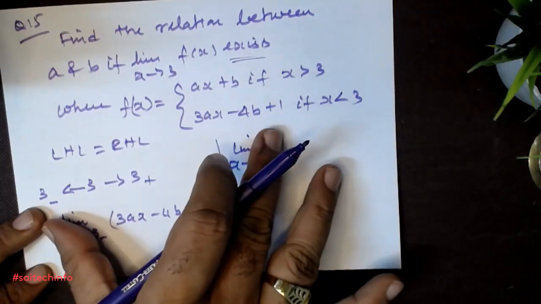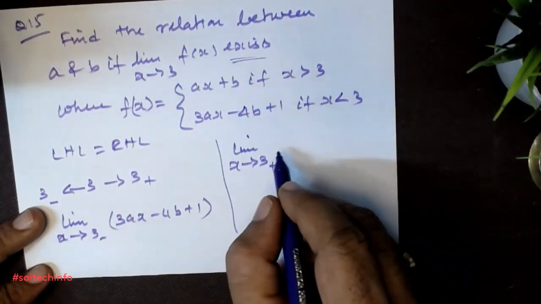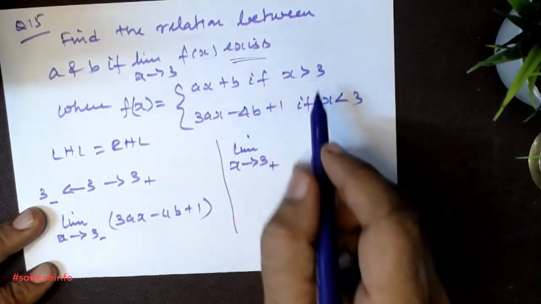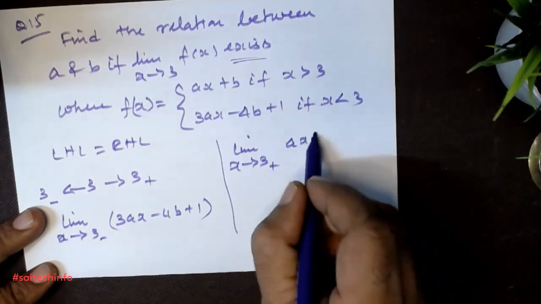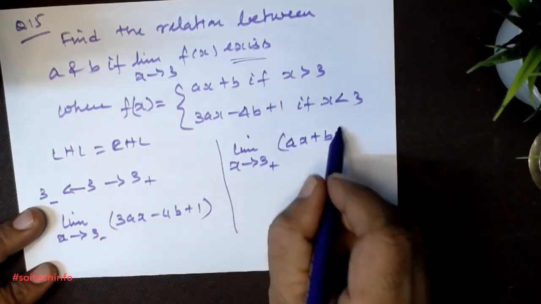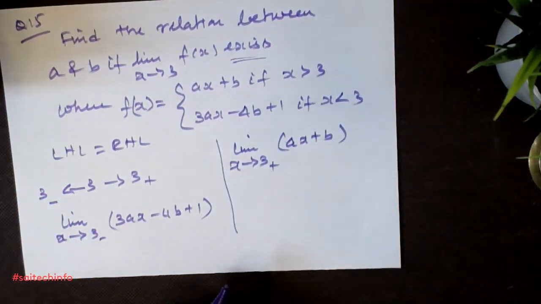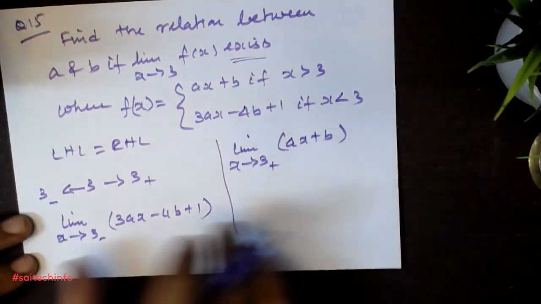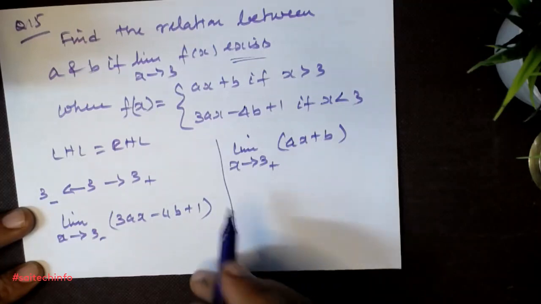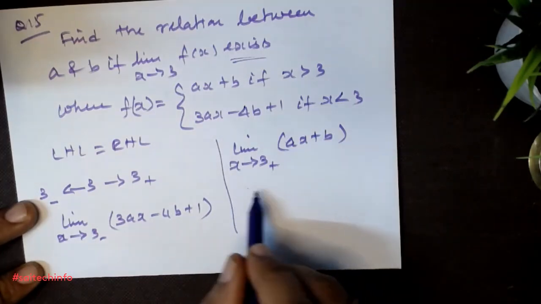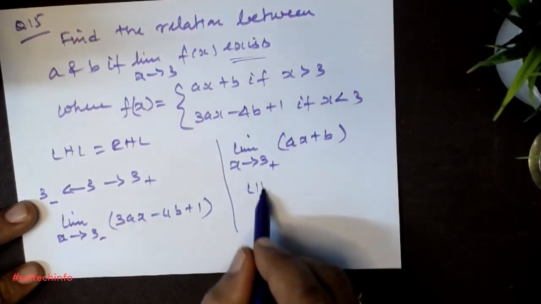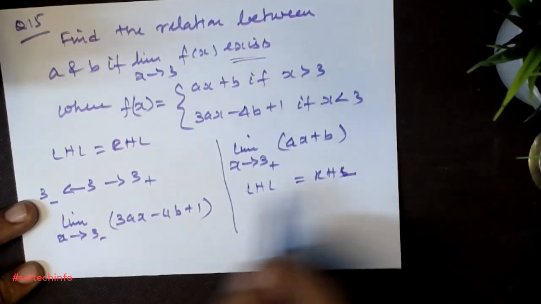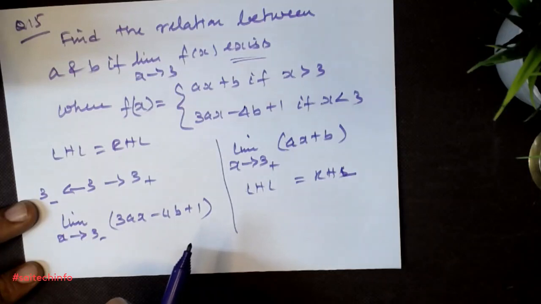These are all called one-sided limits. So you have to consider this one because it is given x is greater than 3. So ax plus b. Okay, so these are the two different limits. As we already discussed, these two are equal, that is, left hand limit is equal to right hand limit. So we can equate these two equations.